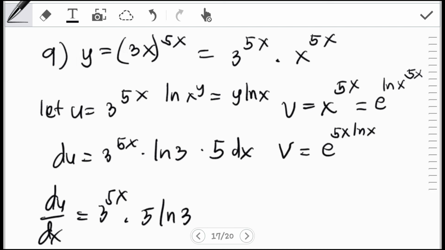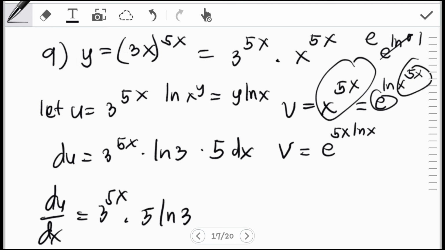Okay, so take note that to simplify, we use properties of logarithm, which is e, and then e to the power ln x and 5x. So take note that e to the power ln, that is equivalent to 1. Okay, so therefore the result is this. Okay.